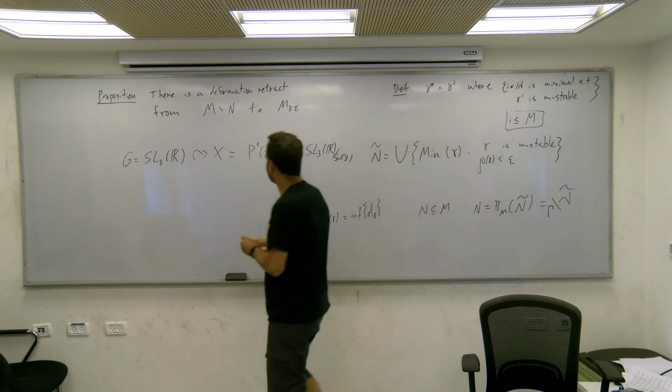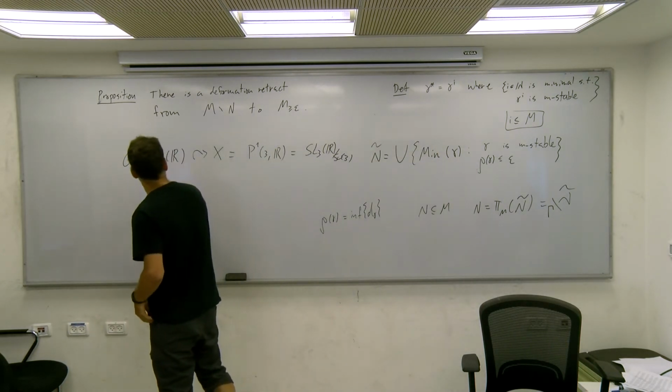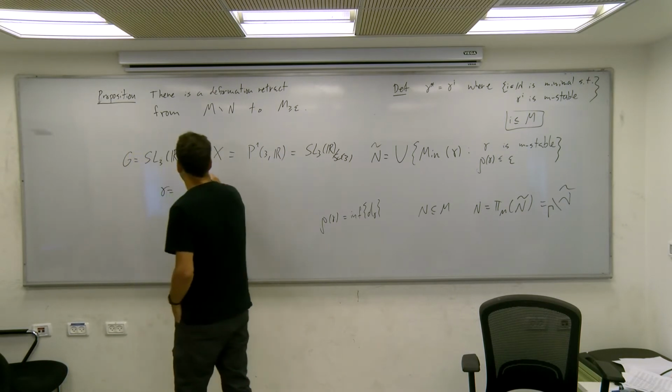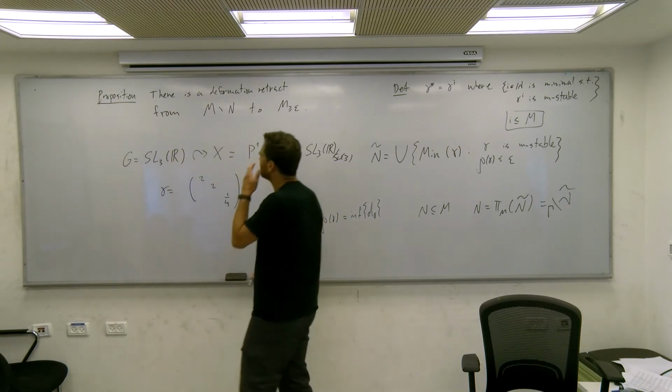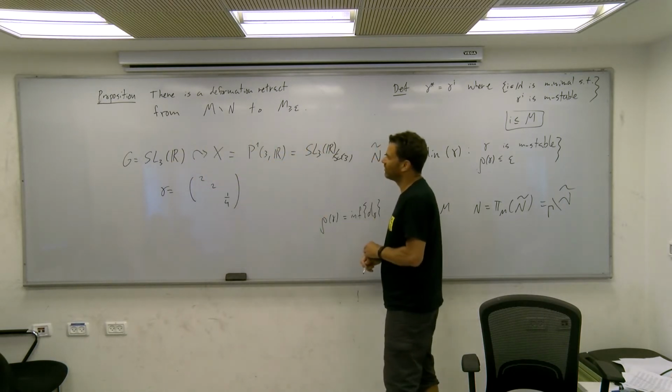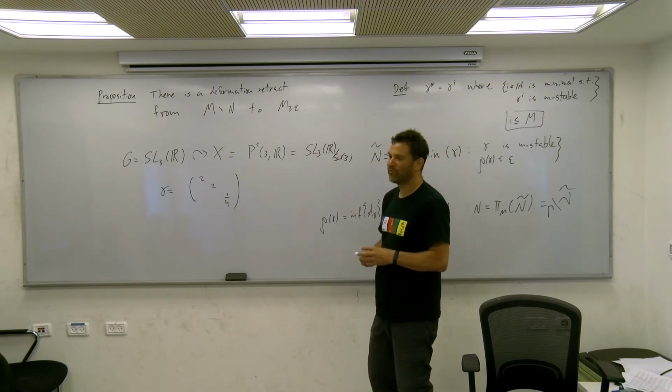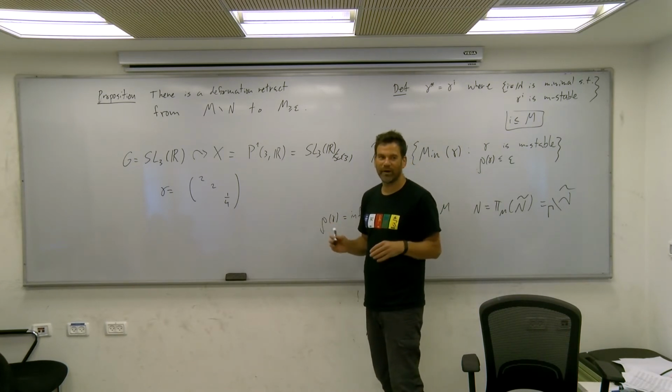Here, take gamma to be an isometry, which acts by 2 to 1/4. By the way, this cannot be a lattice because of arithmeticity, but never mind.